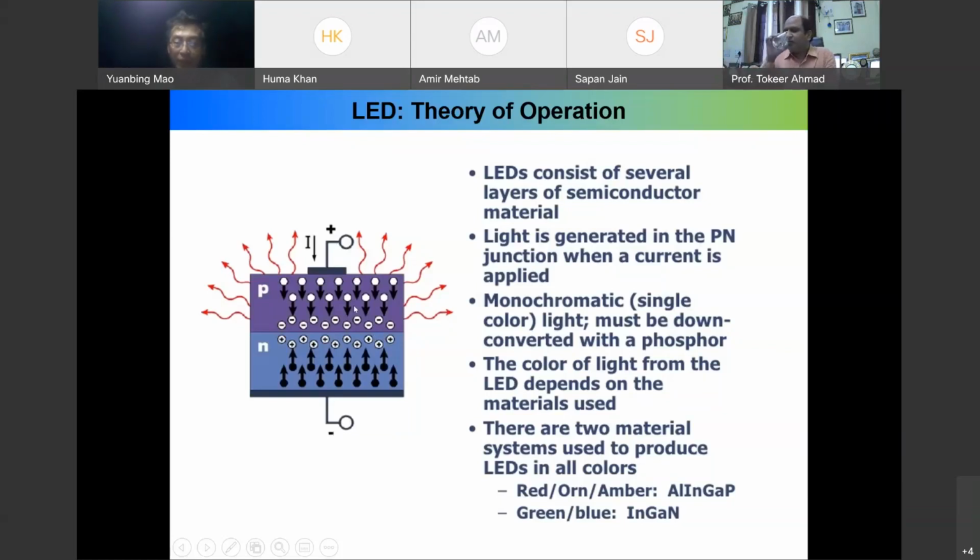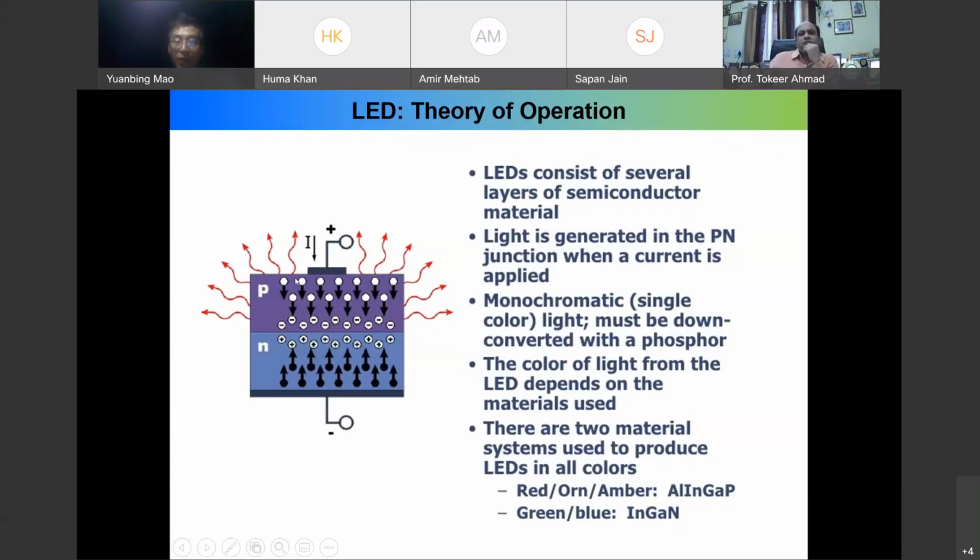Then it gives out a monochromatic light. So if we really want to use it, of course, it needs to be down-converted with phosphor. So that's what we are talking more about, this phosphor.